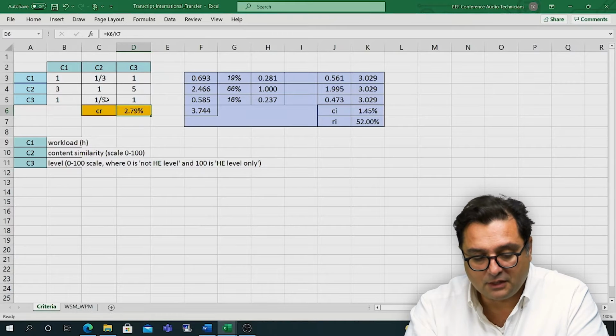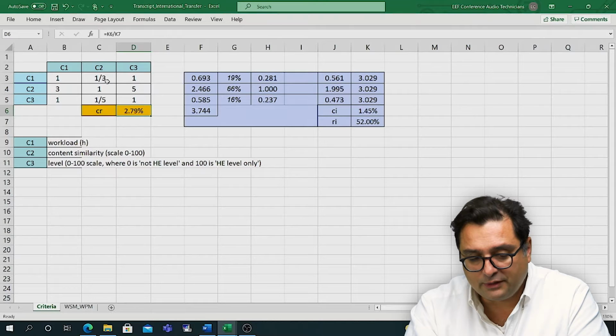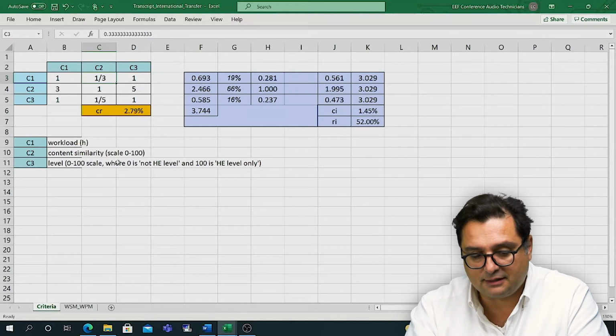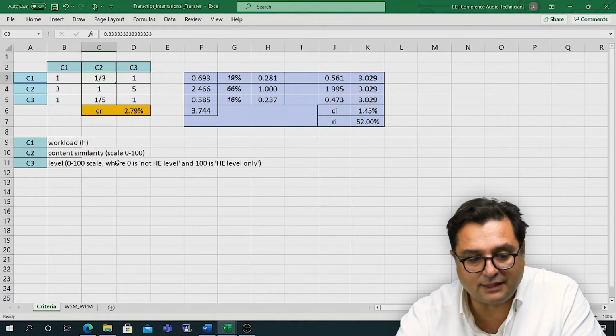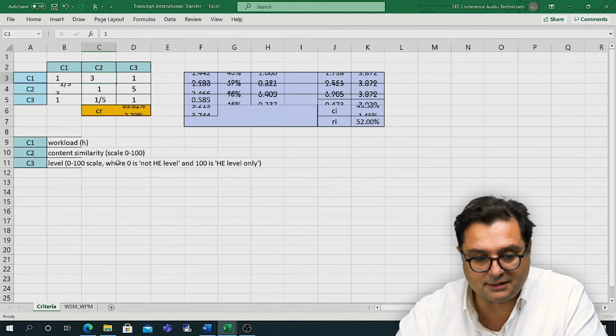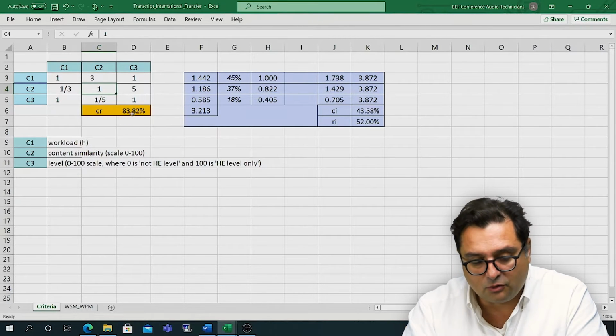For example, C1 is 1/3 of the C2. What will happen if I say that C2 is less important? Assume that C1 is 3 times more important than C2. Do you see what is the point here? The consistency ratio is 83%.